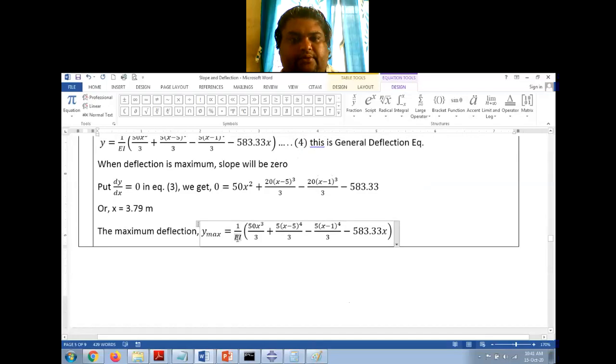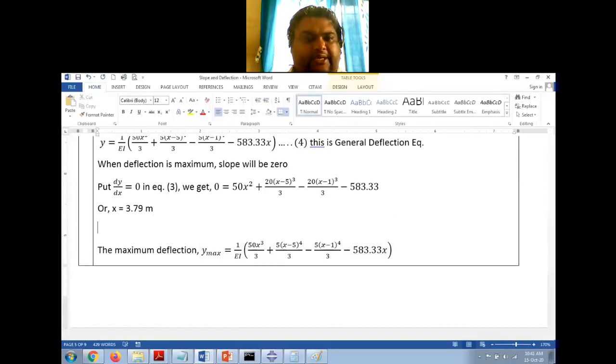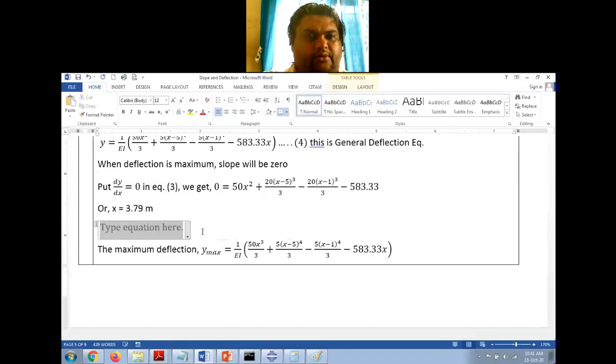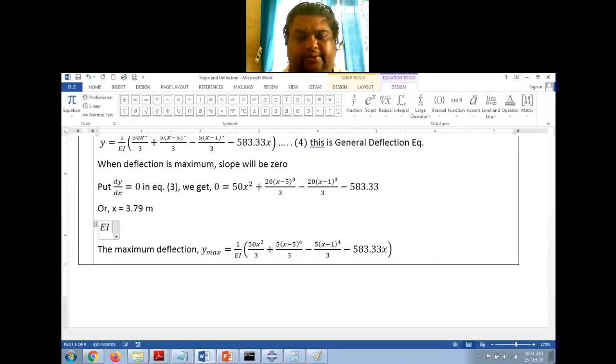Before this I will just calculate here. EI is equal to, see, he has given 200 kilonewton per mm square. So I will write it like this: 200 into 10 raised to 3, right? Newton per mm square, or I will call it as MPa, right?